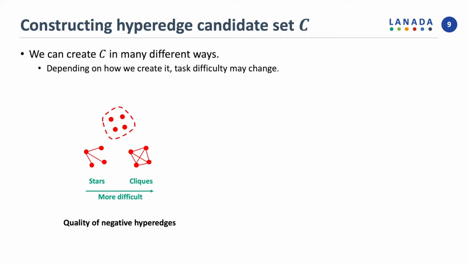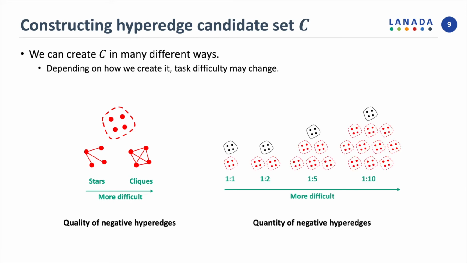We sample the nodes from the projected graph so that the nodes form either a star or a clique. And cliques are more tightly bonded and they become more difficult to distinguish from the actual hyperedge. We can also control the quantity of negative hyperedges, and the more we generate, the fewer true hyperedges there are, so it's more difficult to pick them from the whole candidate set.